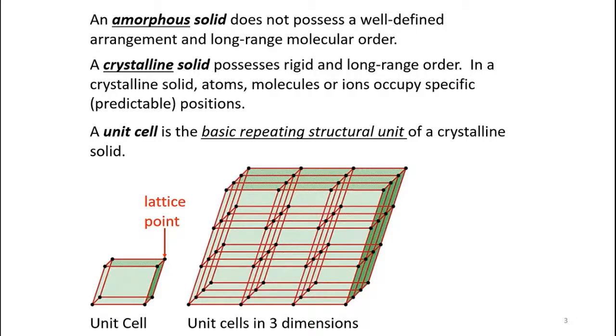The positions of the particles at the corners of, in this case, this unit cell is called a lattice point. In different solids, those lattice points are occupied by different kinds of particles. They could be atoms, they could be molecules, or they could be ions.